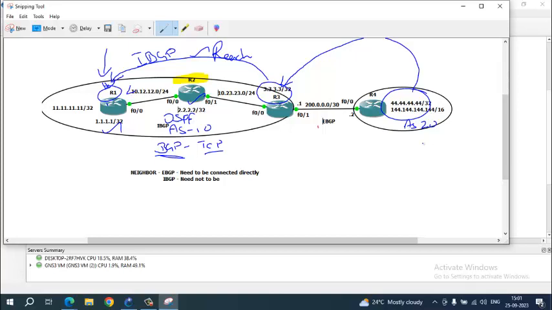So it is BGP that gave it to R1. That is the reason why we don't see those networks in R2. We don't have BGP. No BGP. Because you don't have BGP, these networks are available only here and here, but not in the router in the path.